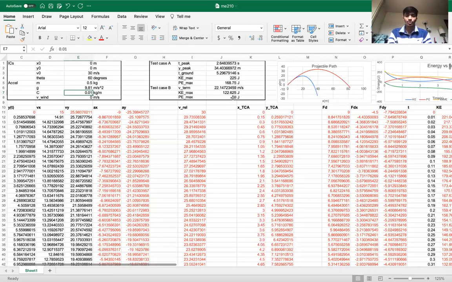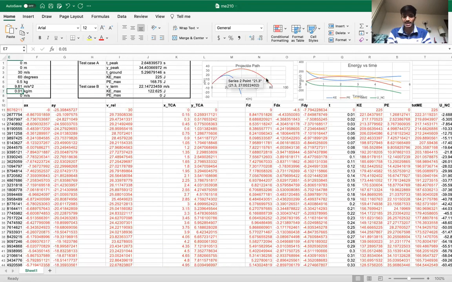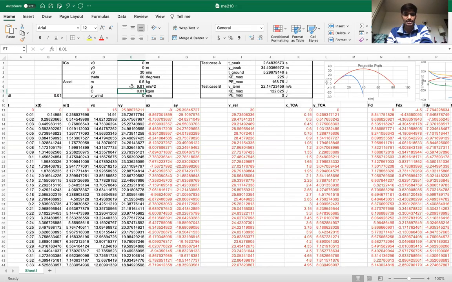Right here we can see that the projectile for test case A is different from test case C because of the air drag. It opposes the motion, so it opposes the speed of the ball, and the ball will end up dropping less. Over here it is dropping at 80 meters, so over here it will drop around 35 meters. So it just changes the horizontal distance.